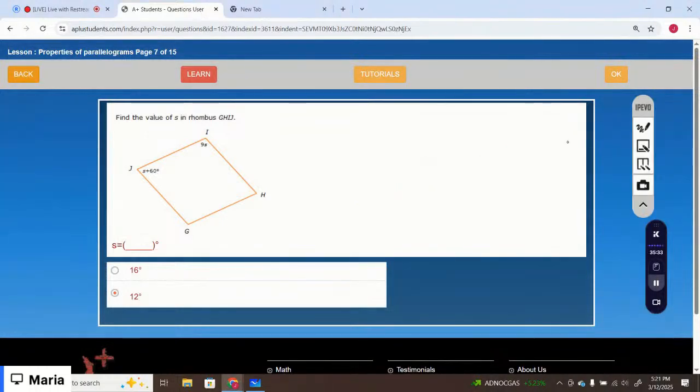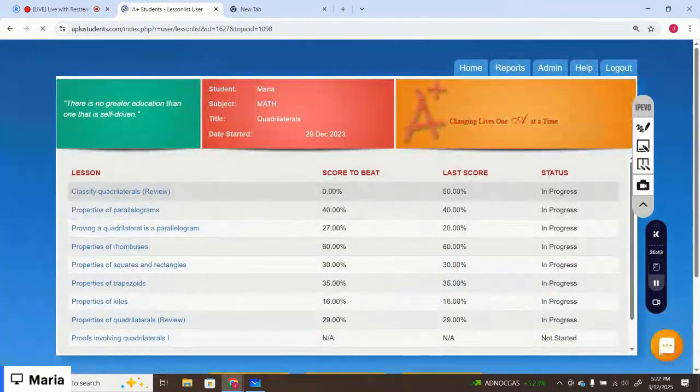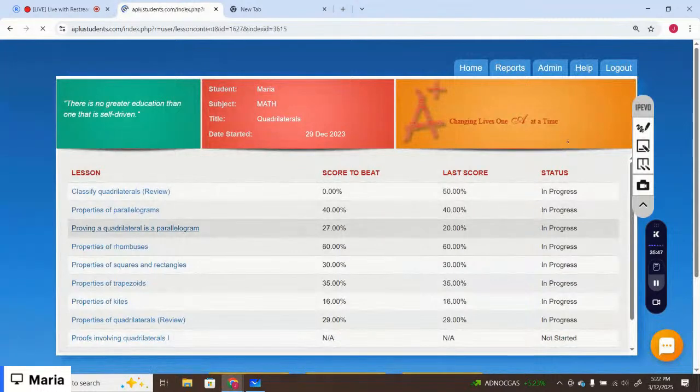Okay, you can complete the lesson by yourself. Let's move on to the next lesson. The next lesson is proving a quadrilateral is a parallelogram.